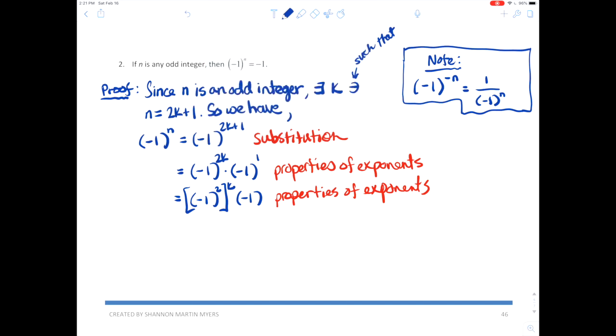All right, well, what comes next? -1 squared, the quantity squared, is just 1. And then we would get 1 to the k times -1. Well, we're not sending k to infinity, so this is just going to be 1 times -1, which is -1. And so we're done. We have proved our statement. Groovy? Awesome.